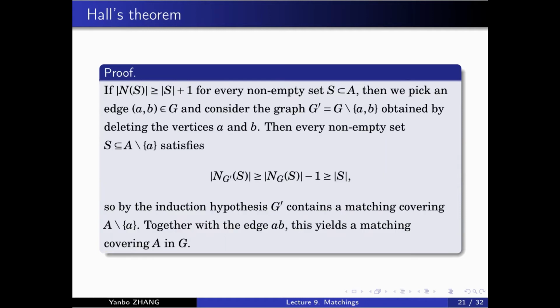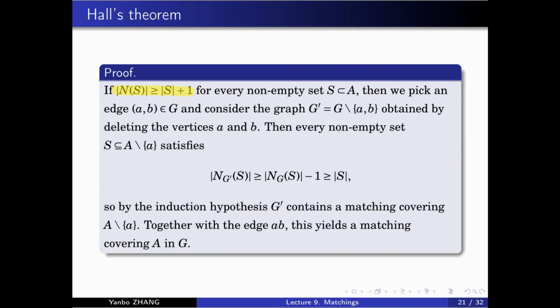Now we distinguish two cases. Case 1. If the size of the neighborhood of S is greater than or equal to the size of S plus 1 for every non-empty proper subset S of A, then we pick an edge ab of G and consider the graph G' equals G minus a and b.